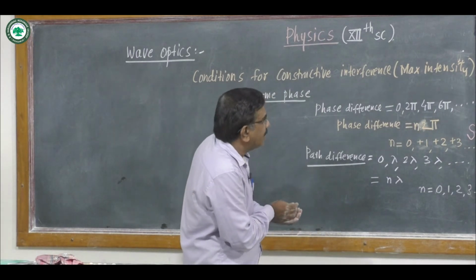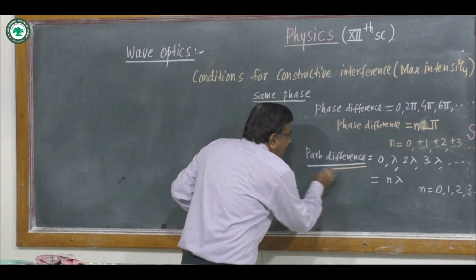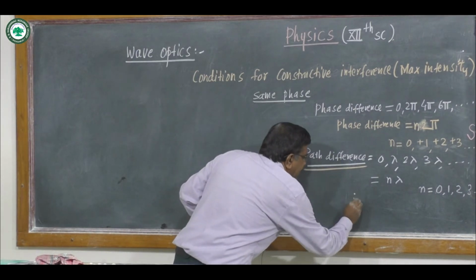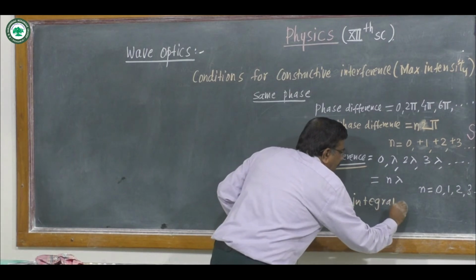So for the constructive interference, the path difference between the waves is integral multiple of wavelength.